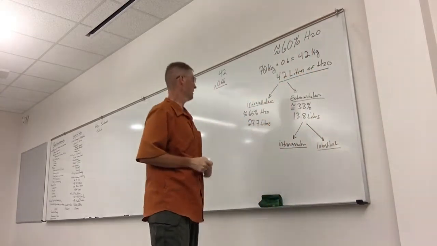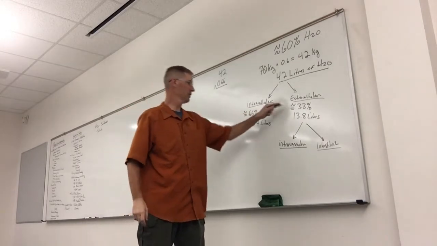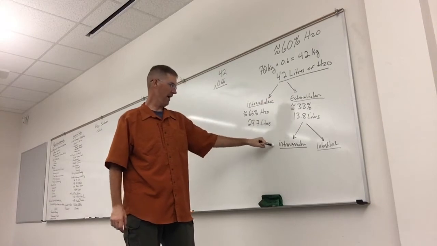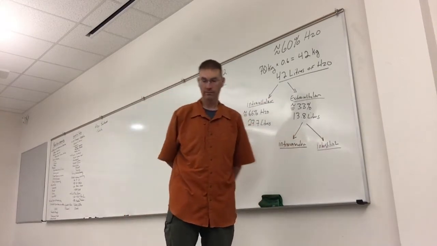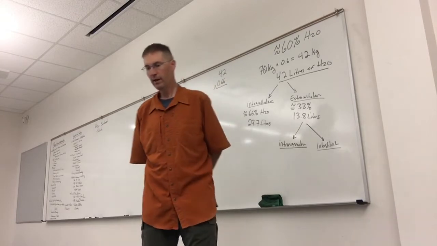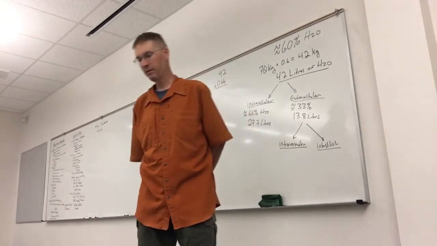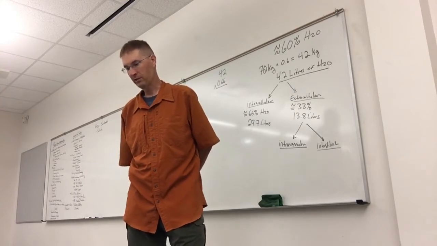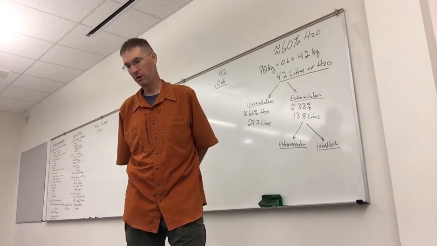So fluid can be intracellular or extracellular. If it's extracellular, it could be either in the vascular space or the interstitial, right? Does that make sense? All right. And the interstitial compartment, about how much would you guess would exist within the interstitial compartment?